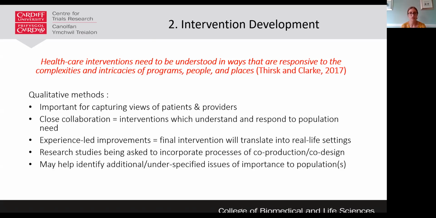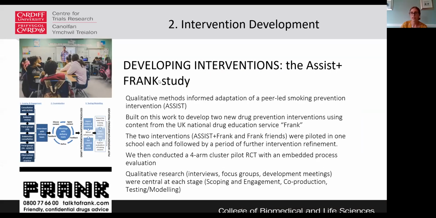Increasingly, there's been a call for studies to use the co-production approach, where researchers work closely with research participants to design an intervention together. So this is particularly with complex interventions. A good example of this in a recent study was the Assist Frank study, where the chief investigator, Jamie White, worked with a qualitative researcher, Kim Smallman, and the group developed 2 drug prevention interventions, Assist Frank and Frank Friends.